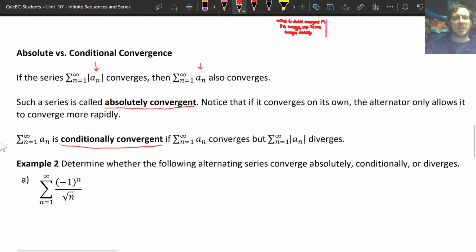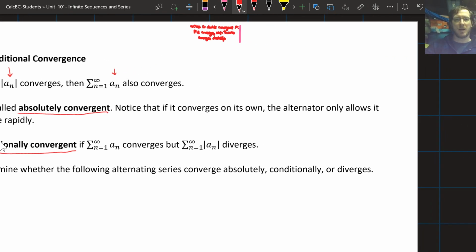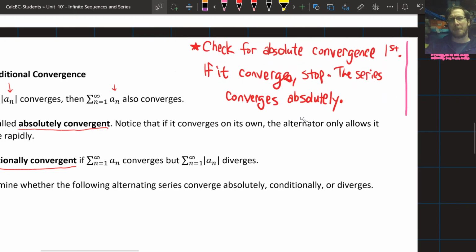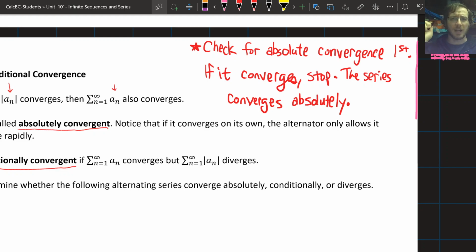Now, because there are essentially 3 outcomes, we've got 2 types of convergent, absolutely and conditional, and we have divergent, we're going to have 3 situations we need to keep our eyes out for. If we're doing ourselves a favor, we're going to check for absolute convergence first. If it converges, we can stop. The series converges absolutely.